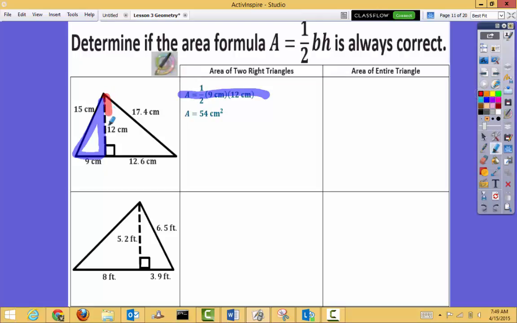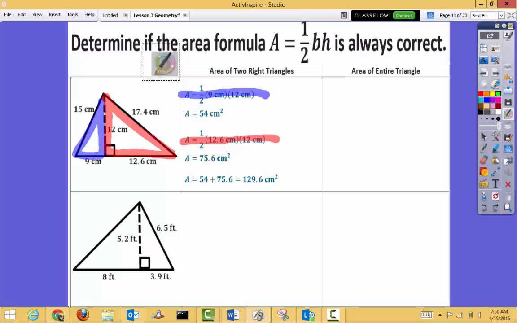Well, the area of the second triangle is this one right here. So when I multiply them out, what do I get? Well, 12.6 is right here. My 12 is there. Multiply them out. Now, what's the area of my entire triangle? Well, I add them together, and I get 129.6.